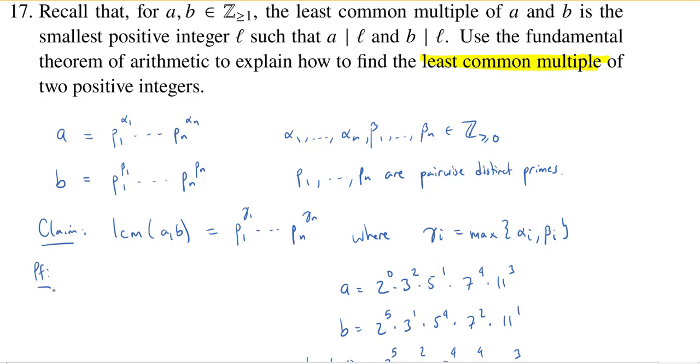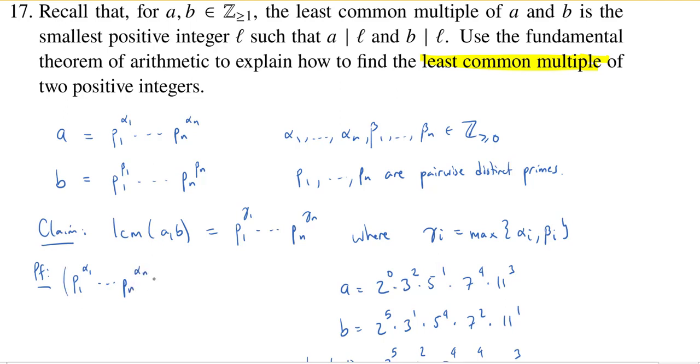Well, by the fundamental theorem of arithmetic, we know this is the only prime factorization for A. So there's no question that A is going to divide this, because we can take P1 to the alpha 1 times Pn to the alpha n.